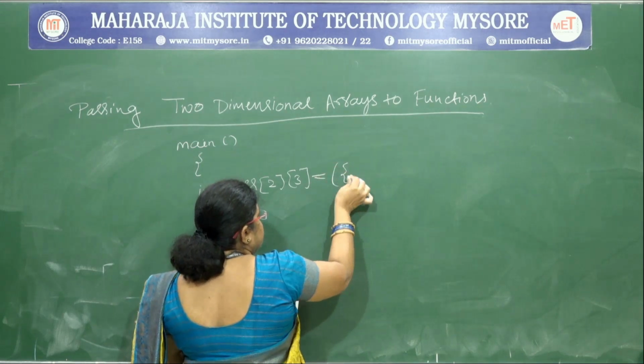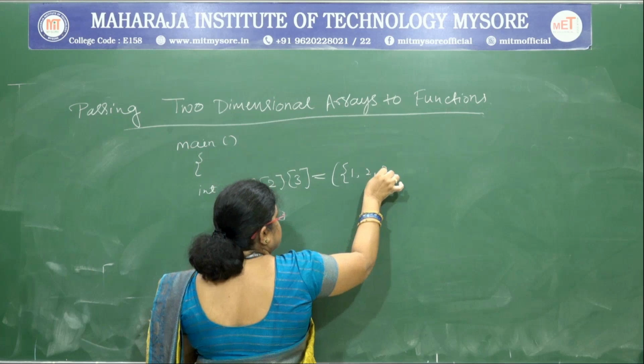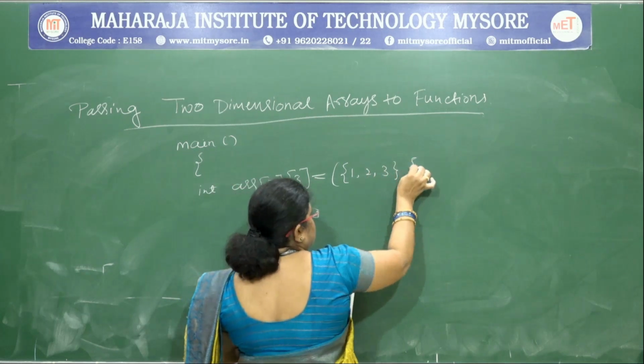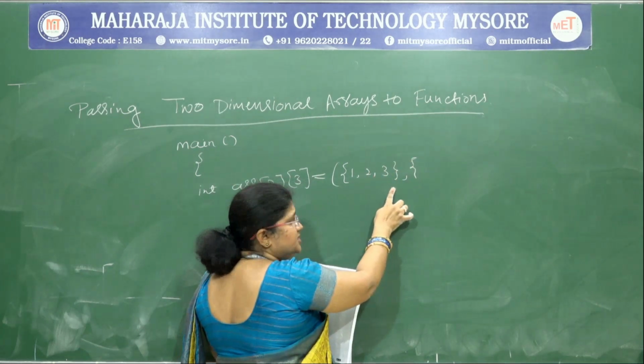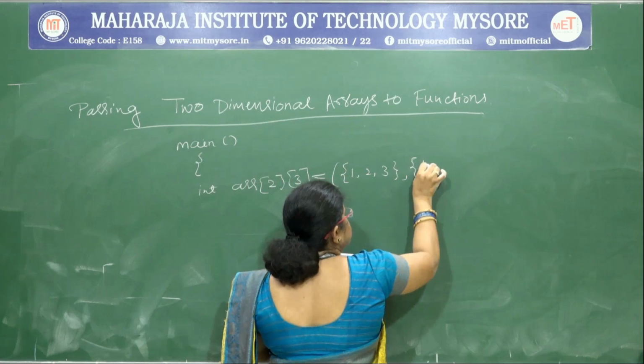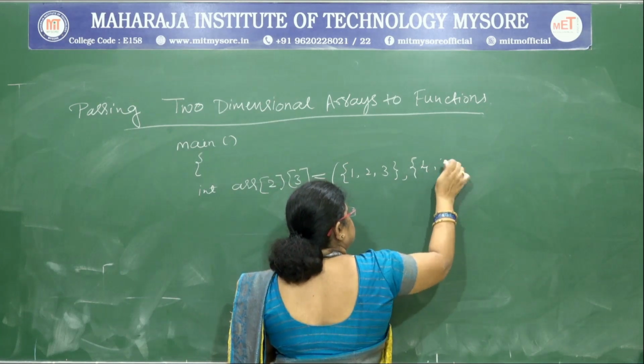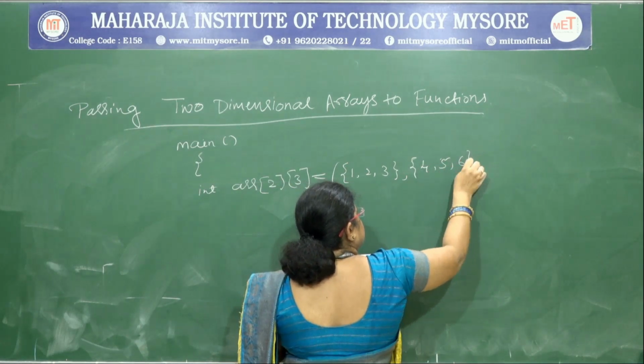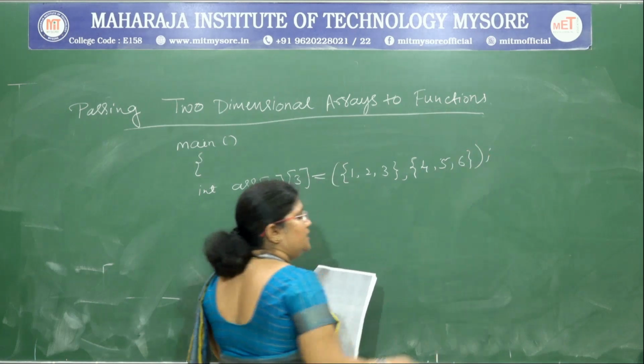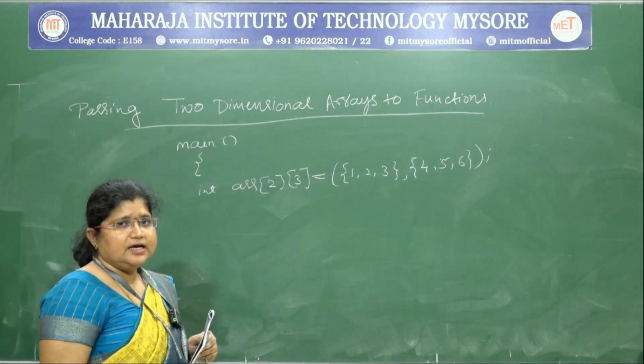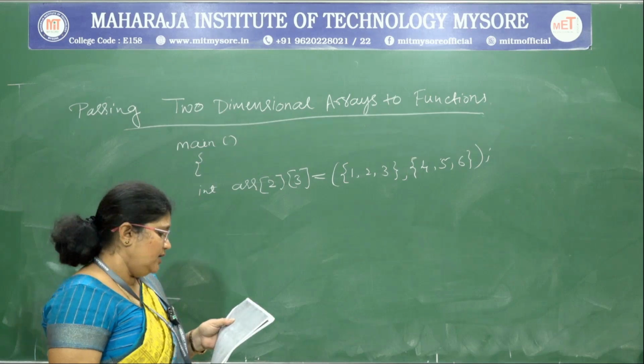Row wise the elements are present. This is the first row elements, next the second row elements. It is initializing the two-dimensional array.